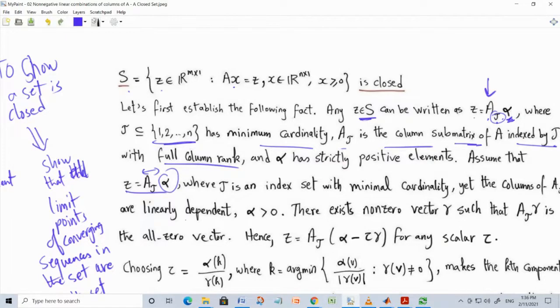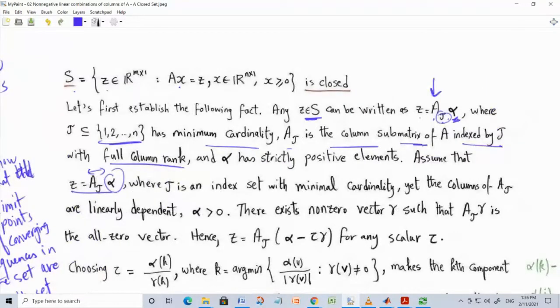So we can express Z as a positive combination of a fewer number of columns. Again, suppose that the columns of AJ are linearly dependent. This is contrary to our claim that the minimum cardinality corresponds to linearly independent columns.